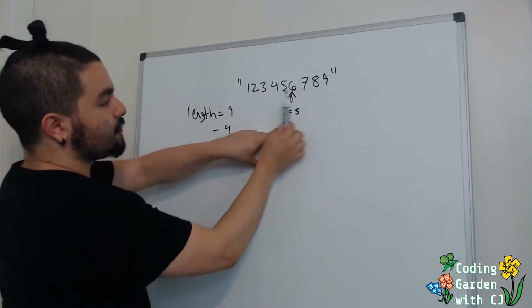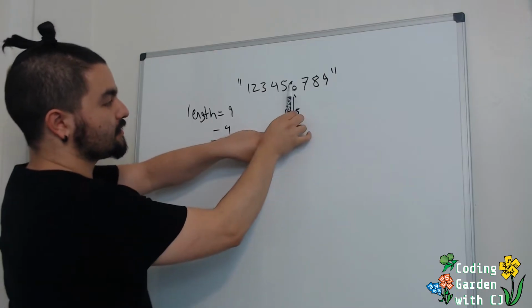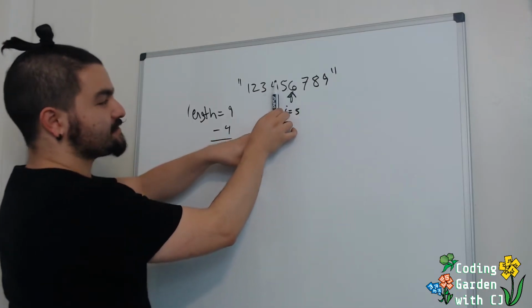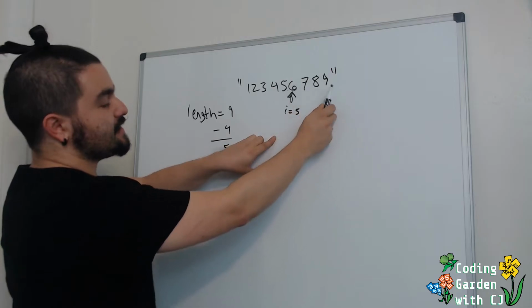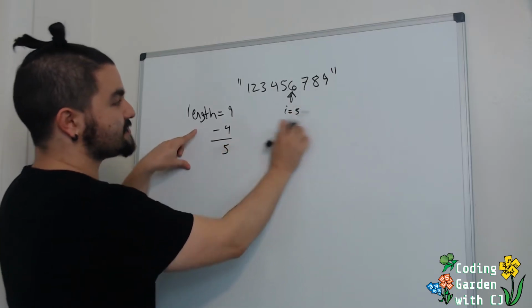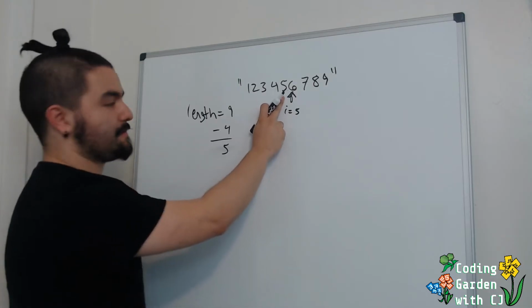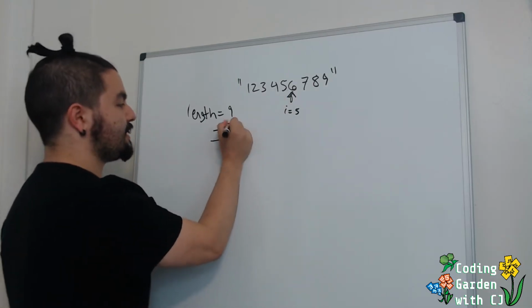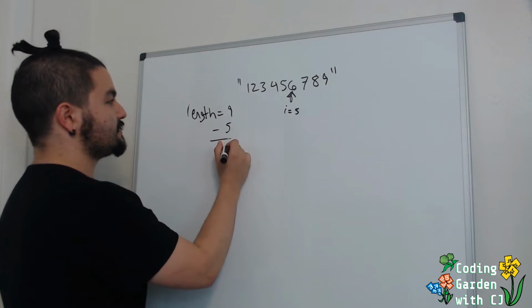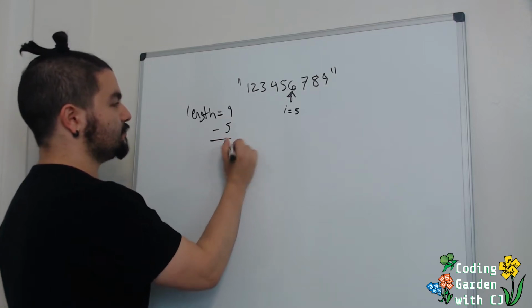So if we go to here, we actually want to go minus 5, I think, because if the index is less than this number, that's when we want to start doing masks. So this actually needs to be minus 5 because that will give us index 4.